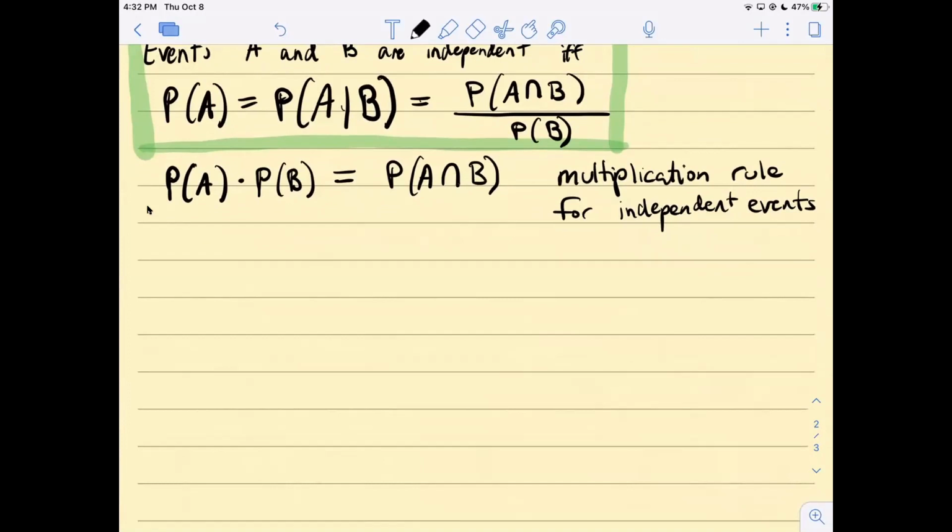So let me give you an example. This is going to be a really abstract example where you don't know anything about what kind of events these are. Are they coin flips? But you can tell just by checking a simple rule, this multiplication rule, whether these events are independent or not.